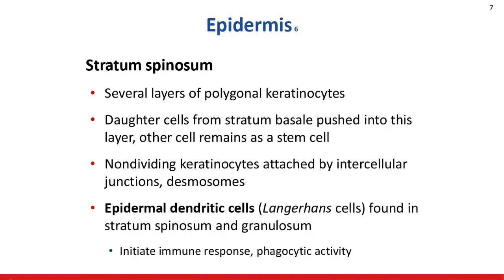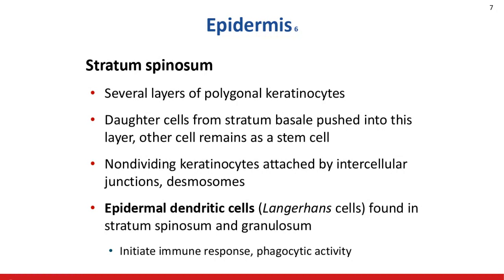The second layer is the stratum spinosum. Now the stratum spinosum is obviously adjacent to the stratum basale. What will happen in the stratum basale is the cells there undergo division and reproduction. So where you had one cell, you'll now have two.